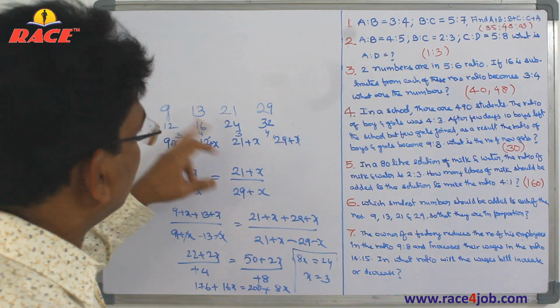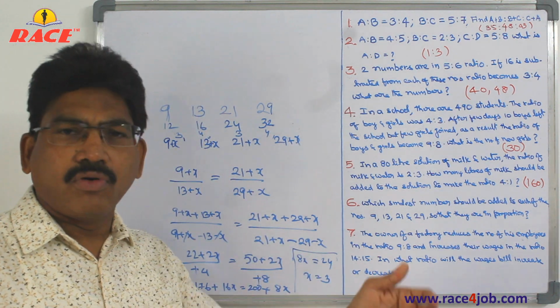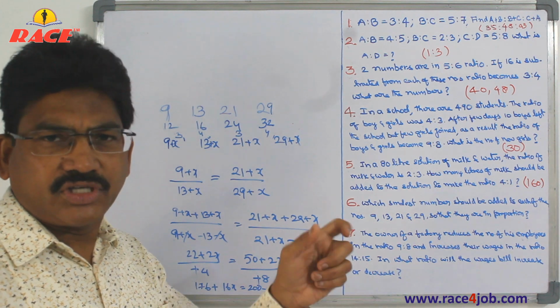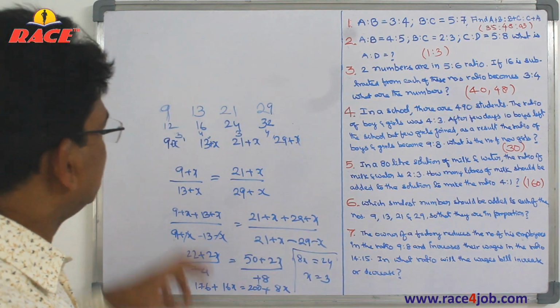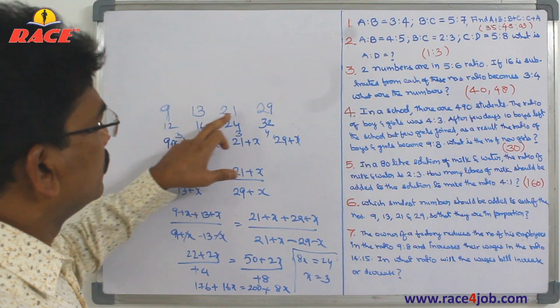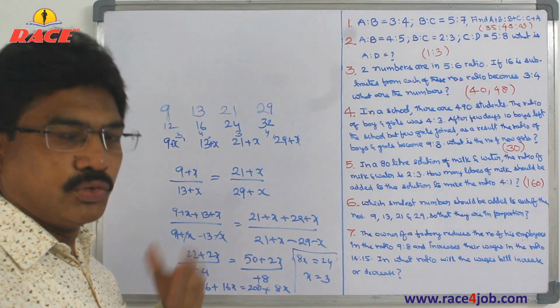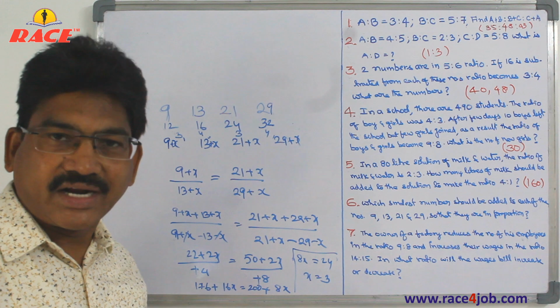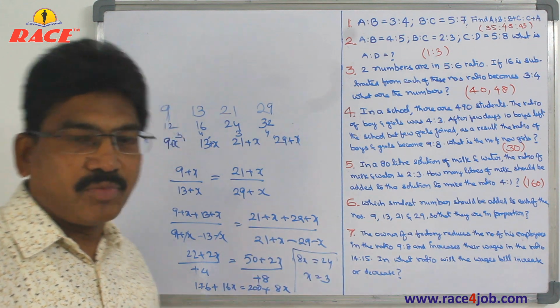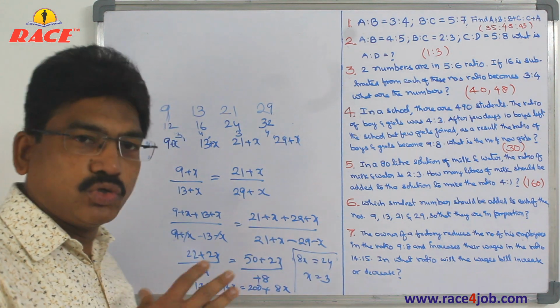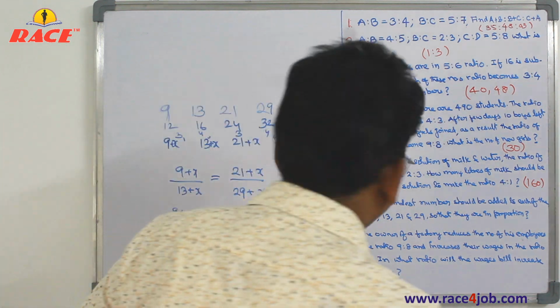When the terms are given, some 3, 4, 5, 6, whatever he gives, try with these numbers. For example, if one is 10, 14, or 22, that can't be the same. Try 2 or 3, whatever the terms are. When you go according to options, it becomes easy. The best method for this one is going by options. Otherwise, this componendo dividendo method.